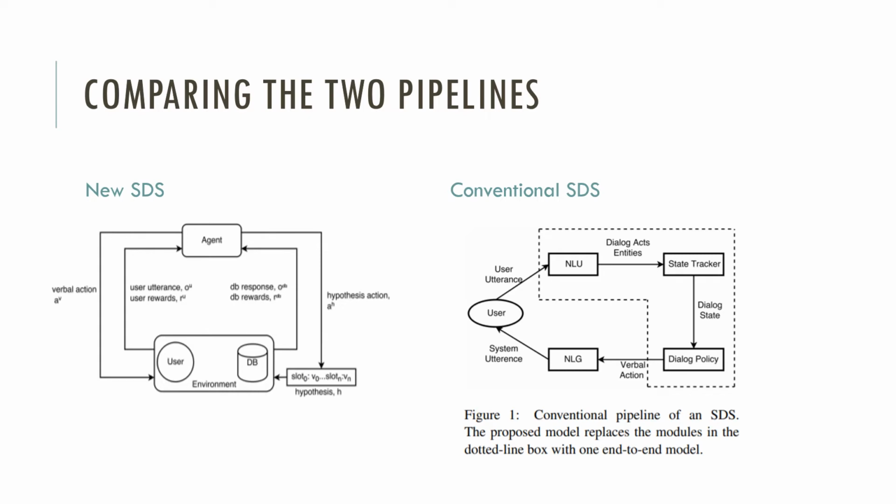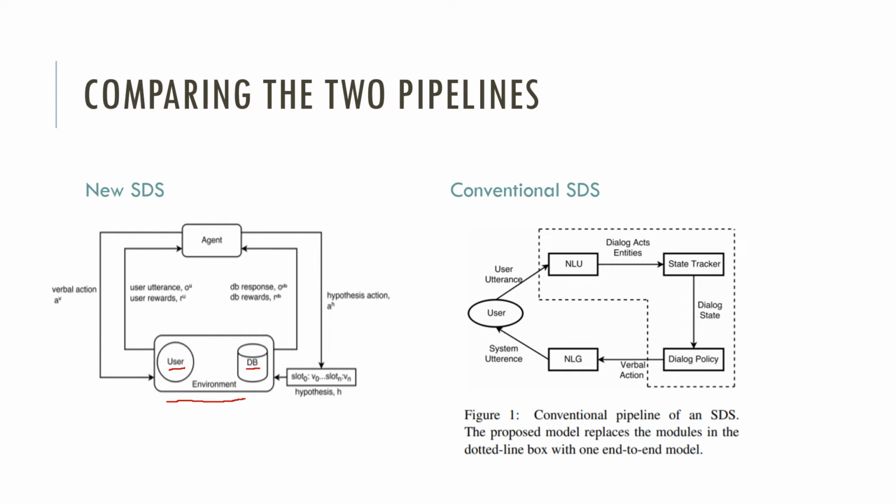This figure outlines their new pipeline, and for the remainder of the presentation, we'll be looking into more detail as to how their pipeline will work. We can see the RL problem being formed in terms of two environments, a user environment and a database. They can receive separate observations from the user or from the database, separate rewards from the user or from the database, and they can do an action that either interfaces with the user or with the database separately.